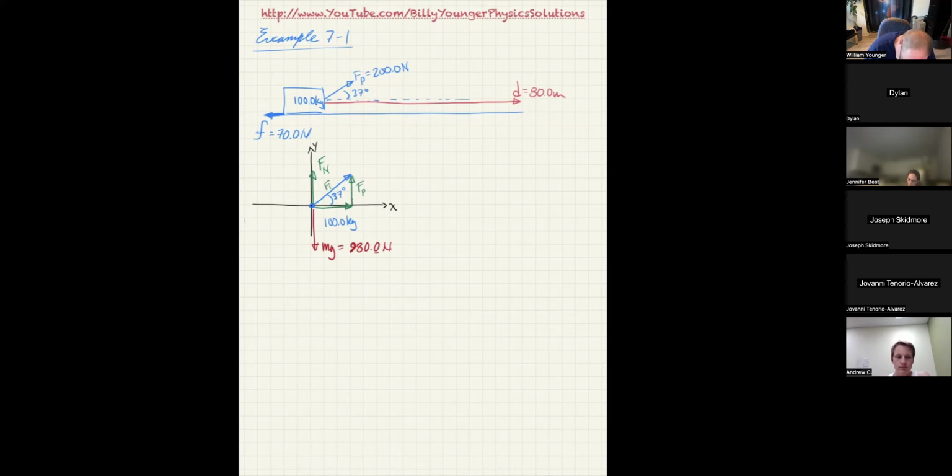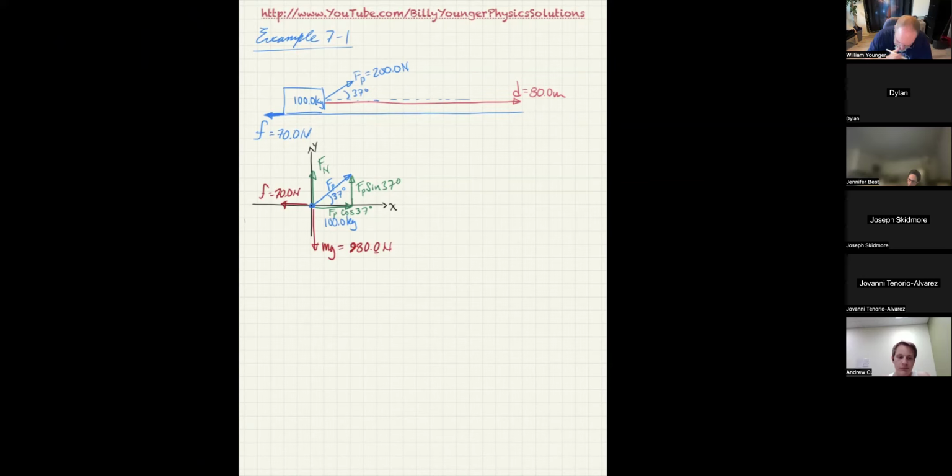That blue vector there is the force FP. So this one in the y direction is FP times the sine of 37 degrees. And this one down here is FP times the cosine of 37 degrees. And then we also have a friction force that is acting this way, and that is 70.0 newtons as the friction force.